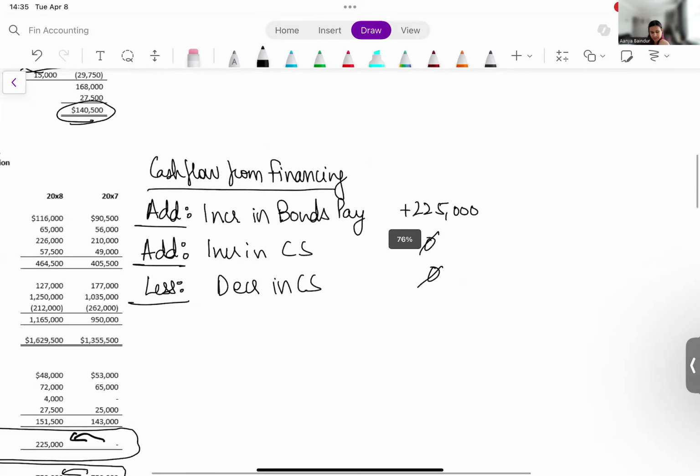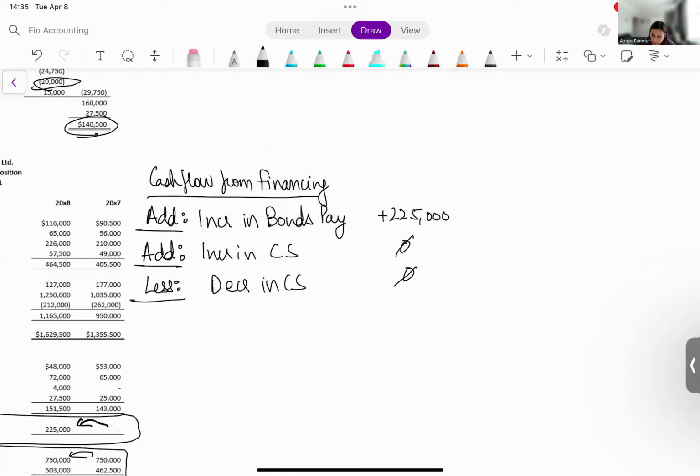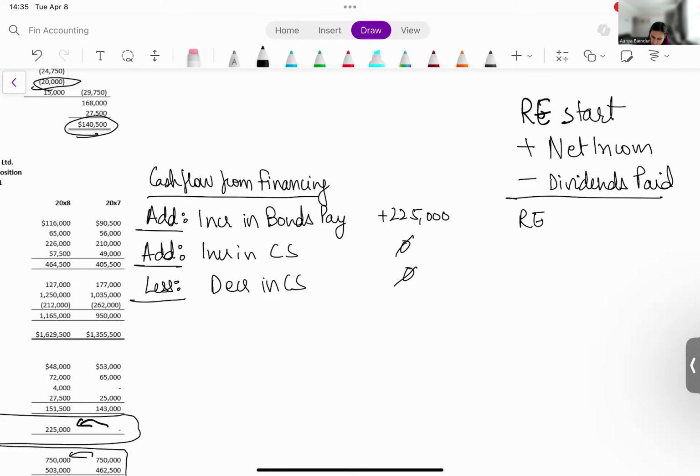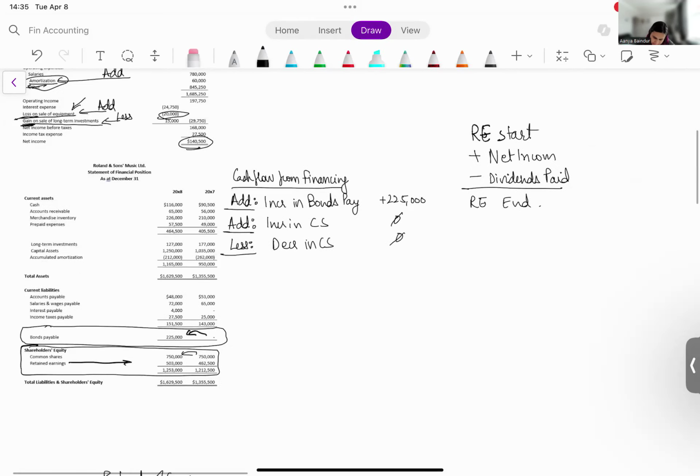For this, there's a simple enough equation. You take the retained earnings at the start of the year, add the net income, and subtract dividends paid, which gives you your retained earnings at the end of the year. It's fairly easy to find these three figures. The only one missing is how much dividends were paid.